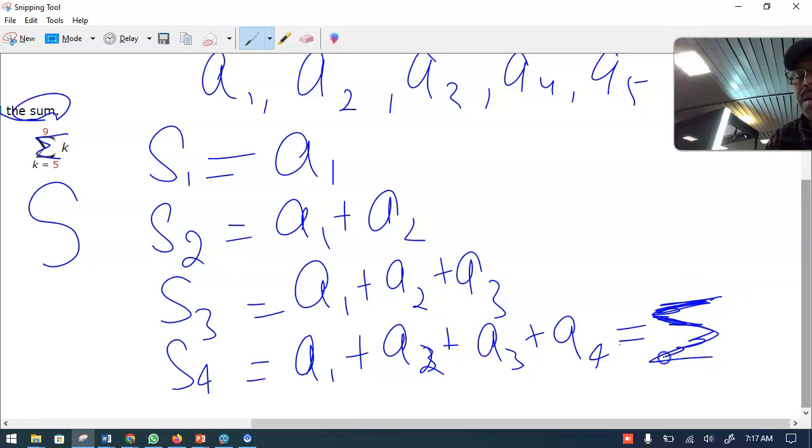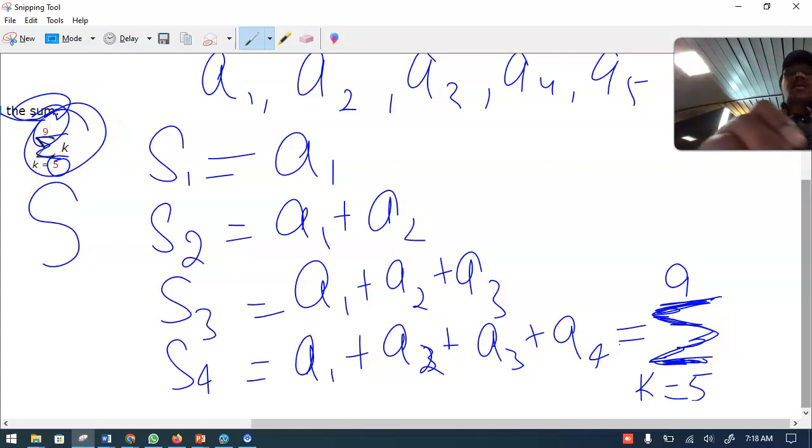Now what are you adding? Here k is a variable, and you're adding terms from the fifth term until 9. So that's what this means.